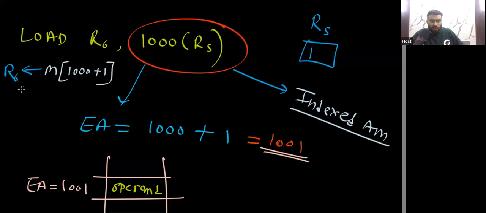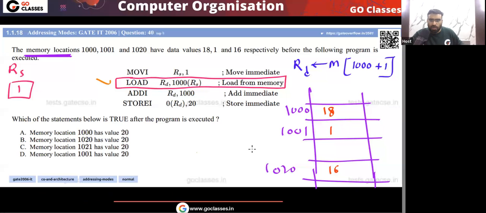At this memory address, what you have, you have to put in this RD. This is not R6, this is RD. So in this RD, you put this.